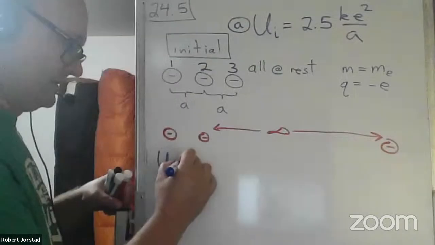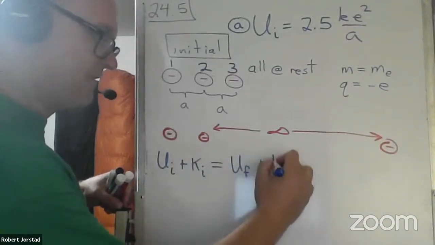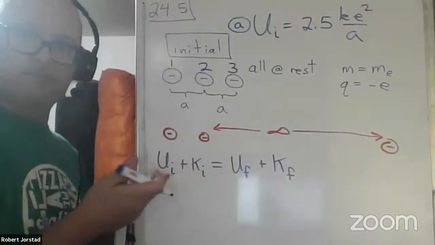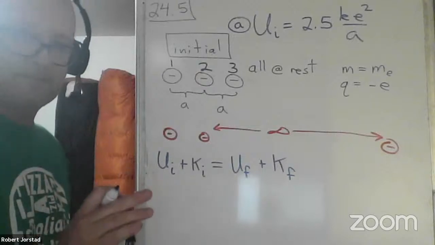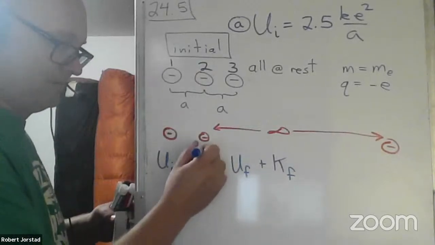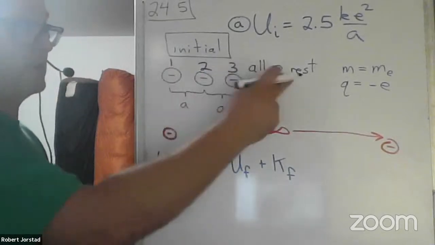So what do I know? U initial plus K initial equals U final plus K final. We're ignoring the work done by external and non-conservative forces because we expect there's no friction and stuff like that. This term is zero. The initial kinetic energy is zero because they were all at rest.